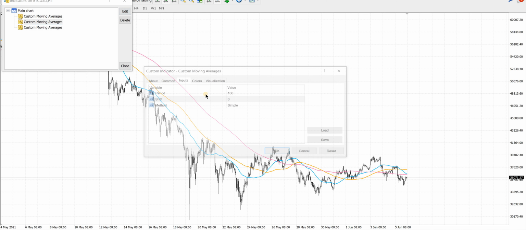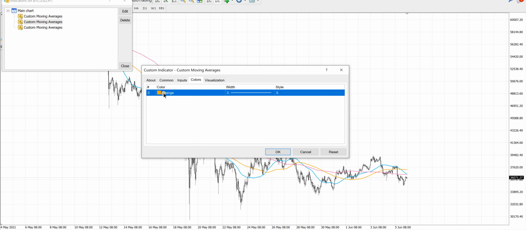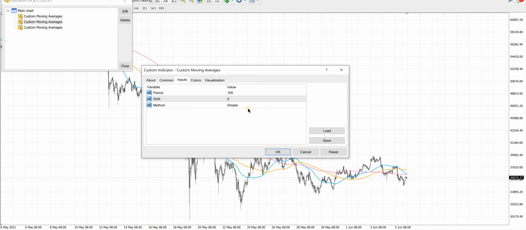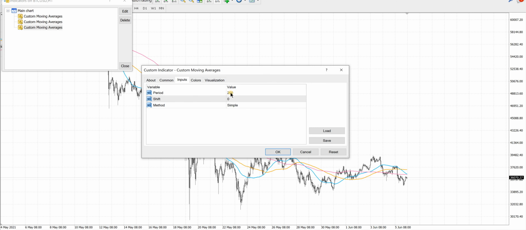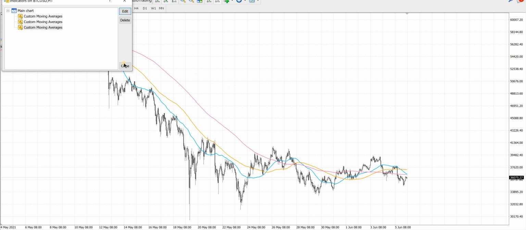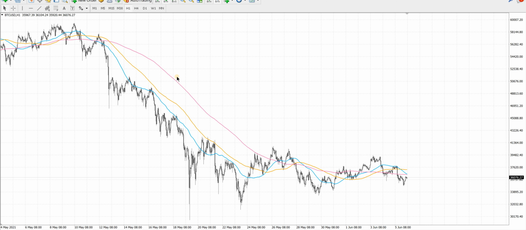The second one, which is orange, has a period of 100. And the third one, which is pink, has a period of 200. So get those set up on your chart, and we will continue.